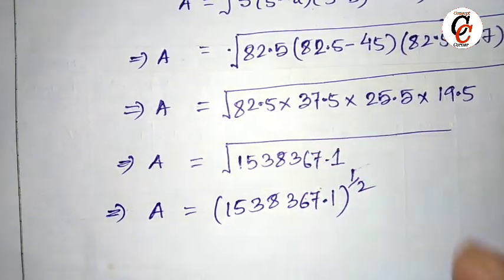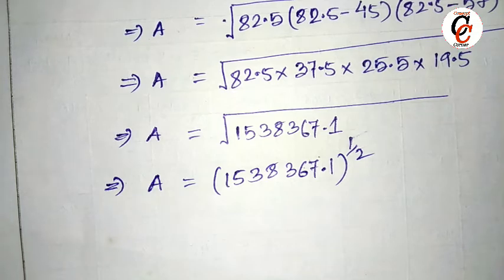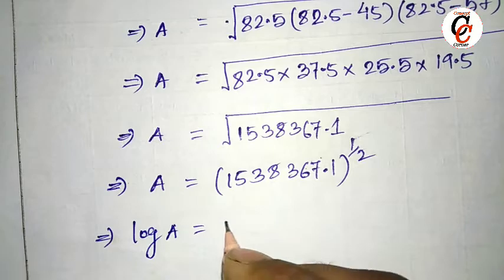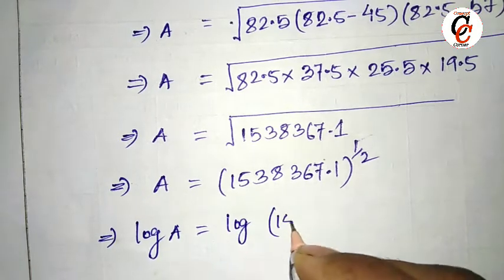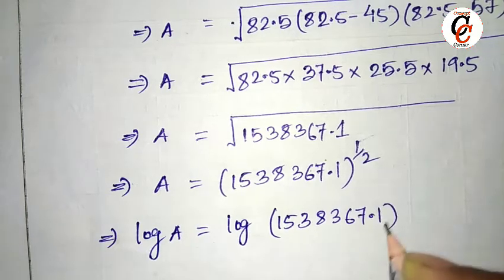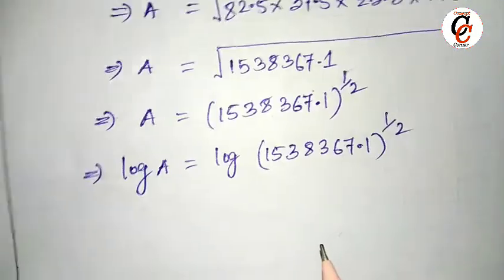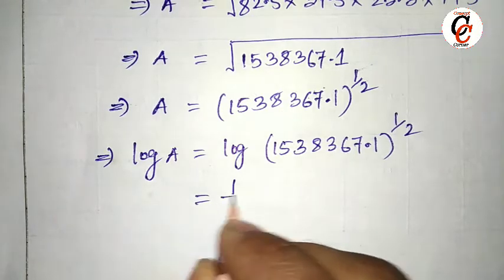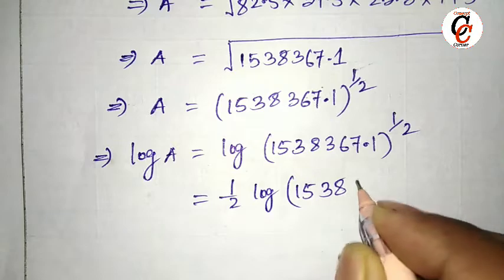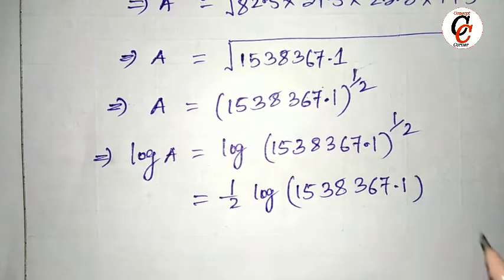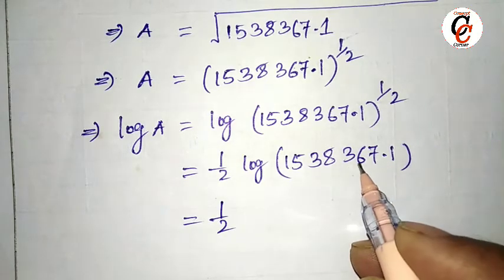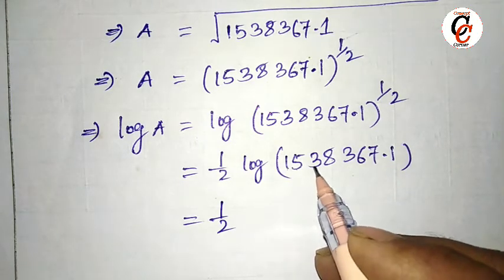So we have to multiply all these numbers. After multiplying all these numbers, we get 1538367.1. So this is the value of the product. So A will be, we can write this one, 1538367.1 to the power half, since square root means half. So we have to take logarithm here.